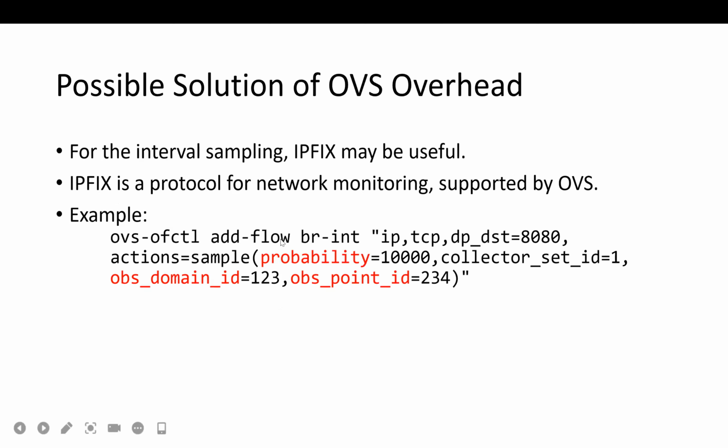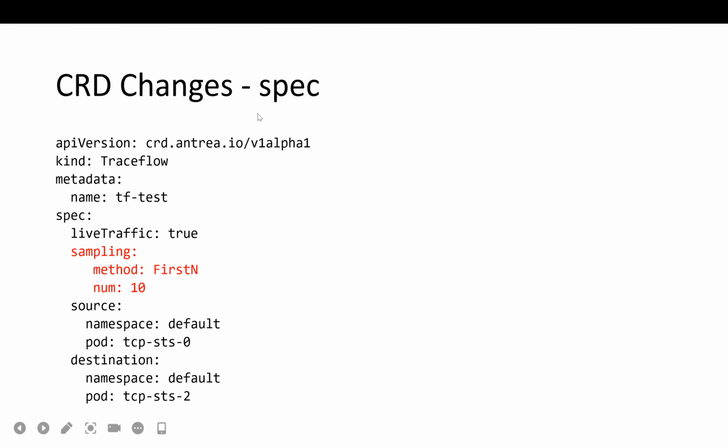Currently there is a timeout field in the trace flow spec, and it has a default value. So if users want to trace for more time, they can just set the timeout to a larger value. So I think the hard limit is still working for all the sampling methods.